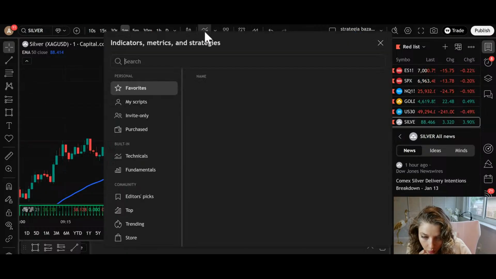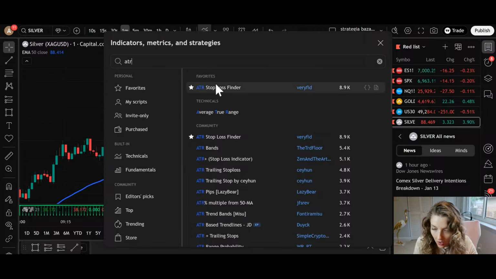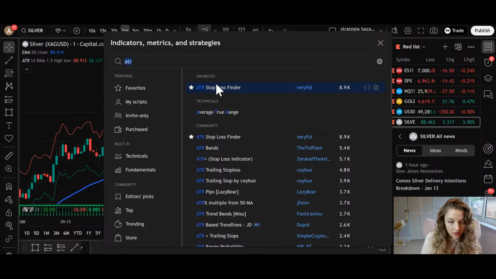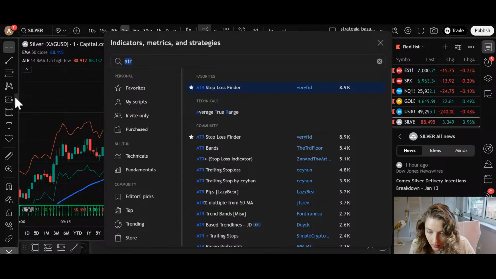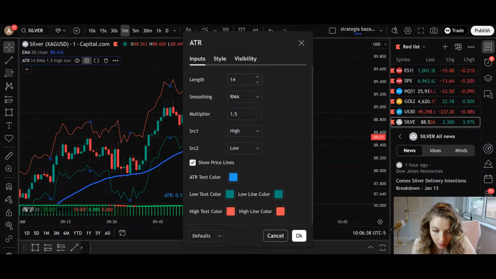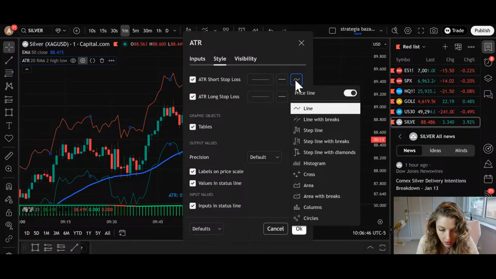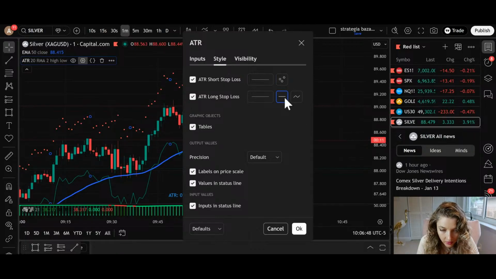Let me show you. I add ATR stop so you can find your stop loss. And I have some settings: 20 for the EMA, and multiply by 2. I put a circle here so I see it better.